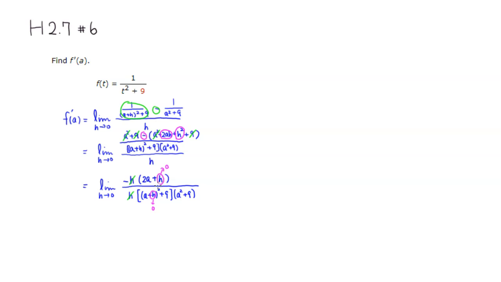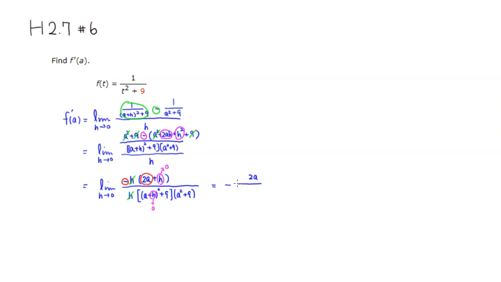What's left: there's a negative sign there, so I put that. That takes care of the negative sign here. Then you have a 2a on top, so I'm going to put 2a on top.